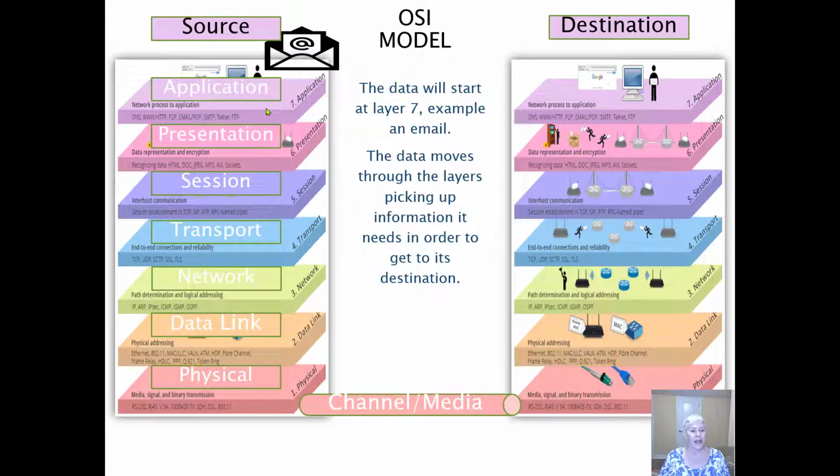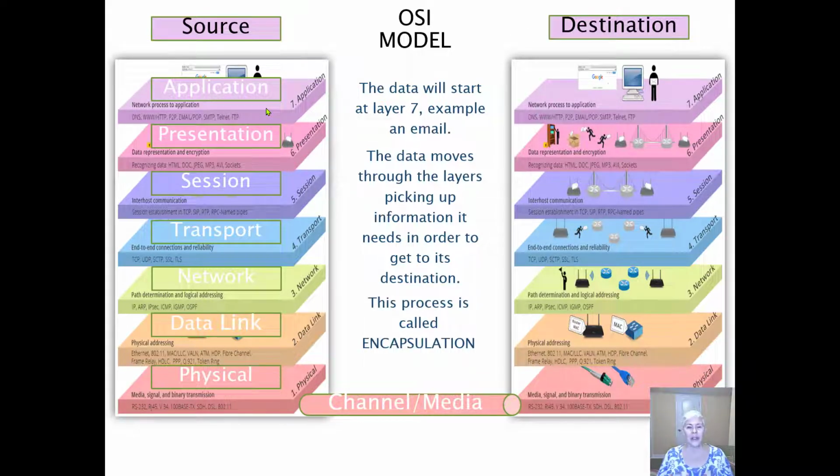At the presentation layer, for example, if I have included a picture, a PNG or a JPEG, or maybe an audio file, an MP3, that's something that happens at the presentation layer. Each layer has its own job.